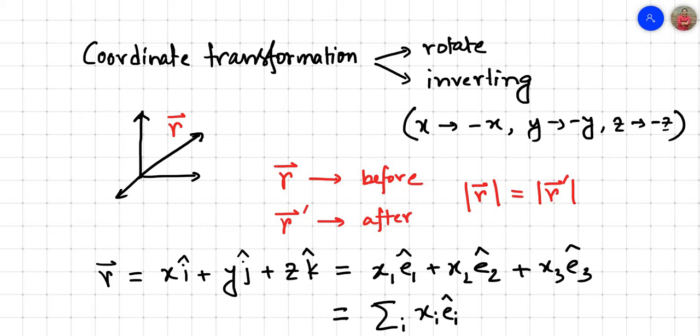Now notice that here we have the same index on x and the unit vector e, so according to Einstein's summation convention we can simply lift off this summation sign and write x_i e_i hat.